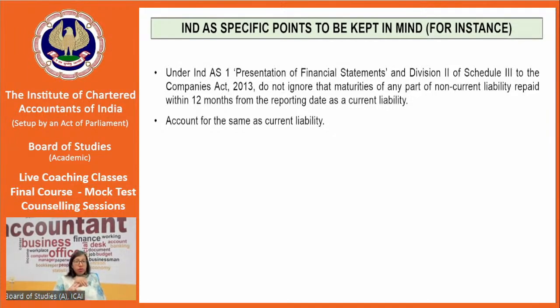But what students do is take the entire amount of the loan, all 5 installments in total, as non-current. That is a wrong presentation. Though they know about it, they still make the mistake, maybe because of speed or time management. So please be focused, alert, and do things properly.